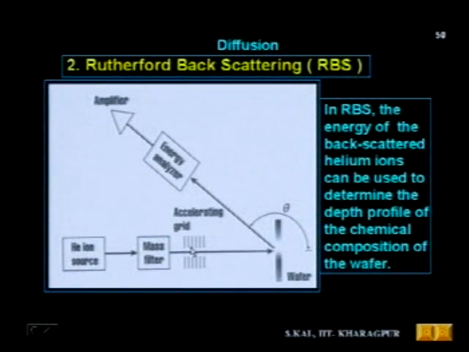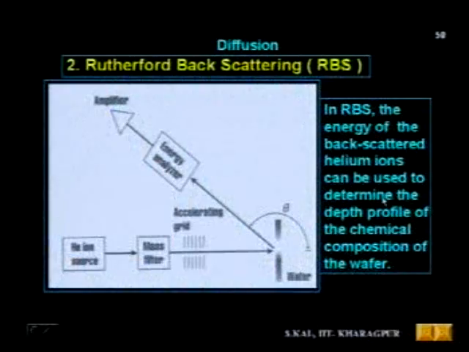So those helium ions are accelerated by an accelerating grid, and they are incident normally on the silicon wafer. After normal incidence, the secondary ions will be ejected, and those are analyzed in an energy analyzer, and the signal is amplified, and from the amplified signal we can have the counts.